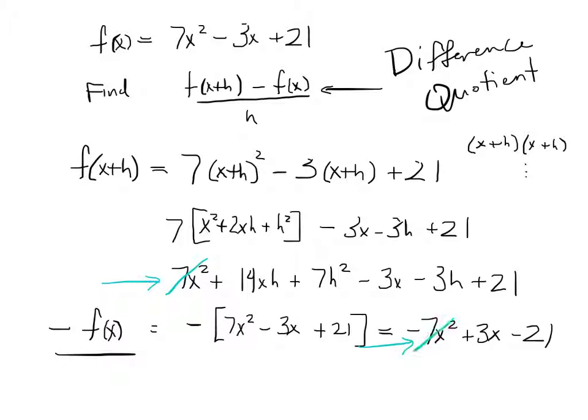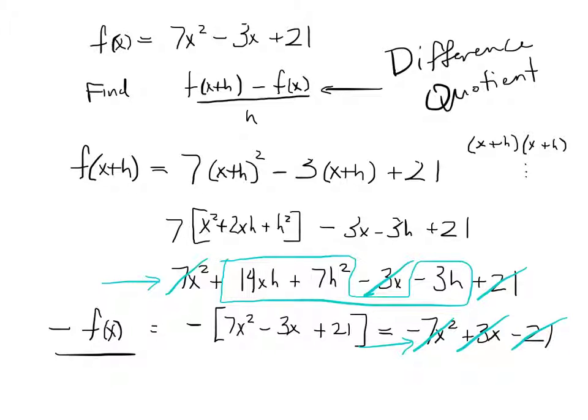This goes away. This goes away. This goes away. If you're doing it right, you should have sort of a bunch of cancellation. Exactly. So now I'm just going to isolate what's worth keeping. And you can factor out an h.